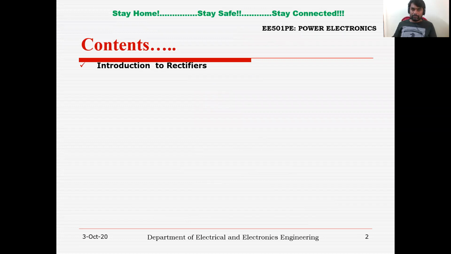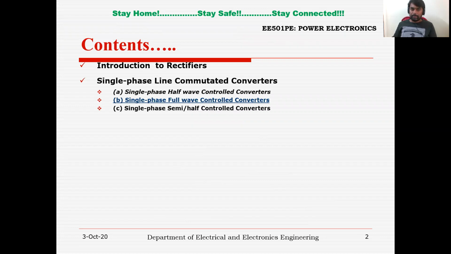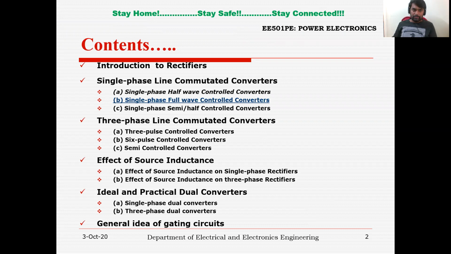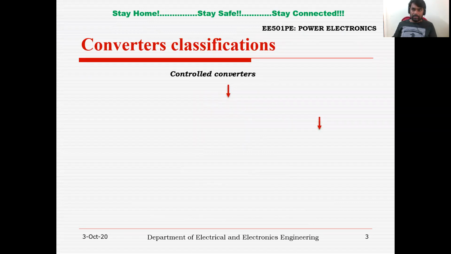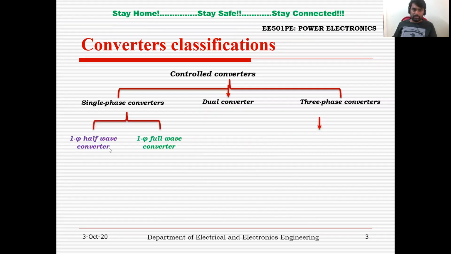In this lecture, I am going to explain about full wave controlled converter with R load, RL load and RLE load as well for bridge type configuration. In the last video, I discussed half wave converter as well as full wave converter in midpoint type configuration.